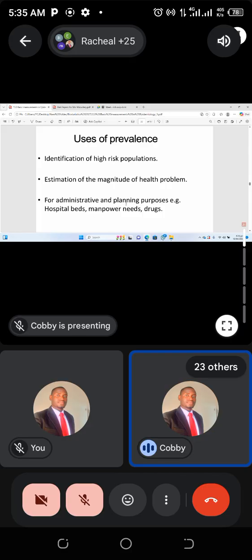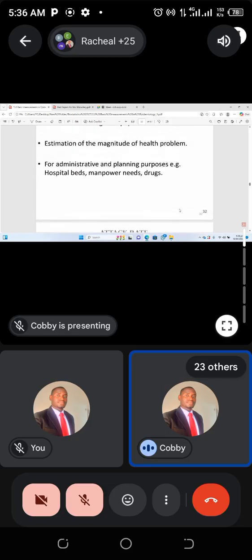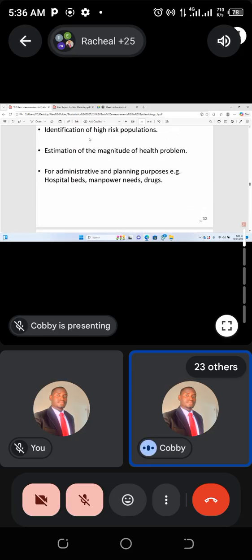You can know what medicine to stock, how many hospital beds you need for those who need to be admitted, and the specialists that you need to have in the hospital. So that is the importance of prevalence.